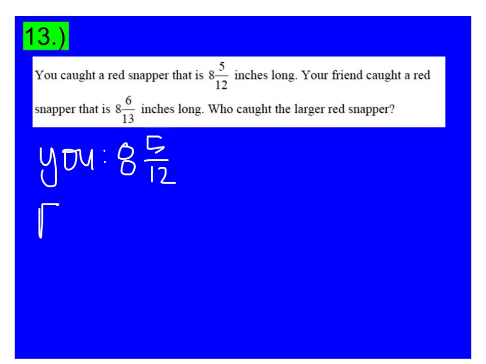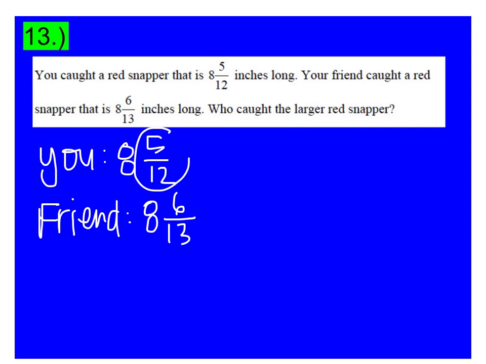My friend caught one that was 8 6/13. Now, since it's asking which one is bigger, and I notice that the whole number part for both of them is 8, the only part that I really need to compare is the fraction part. Okay, I need to figure out which fraction part is bigger.